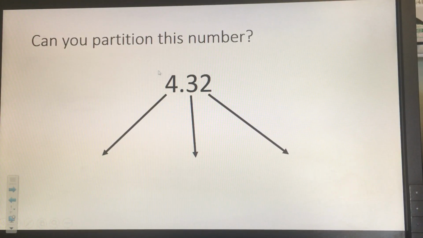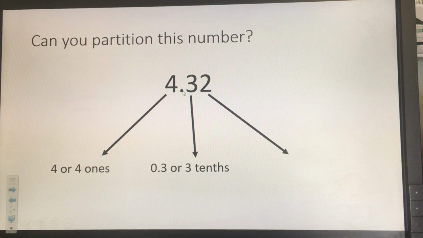So I'm going to start with the 4. Now that is in the ones column, so that is equal to 4, okay, or 4 ones. Next I've got 3, and that is in the tenths column, so that is equal to 0.3 or 3 tenths.